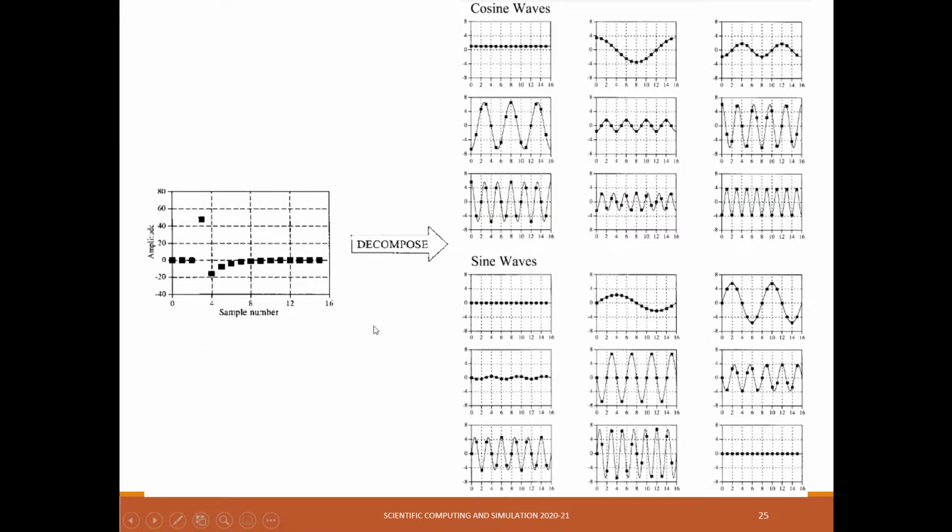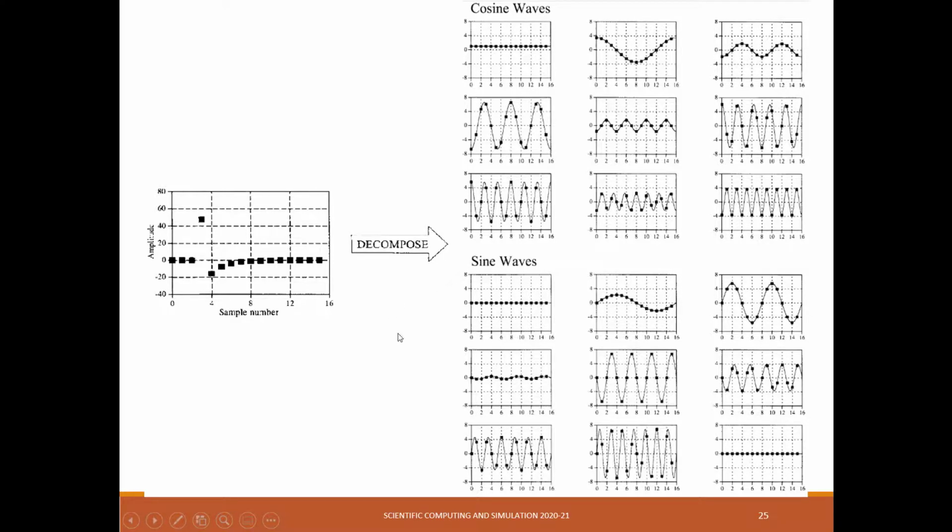This example here shows the DFT decomposition of a discrete signal consisting of 16 points. Here we can see how the signal is decomposed or transformed into some cosine and sine waves.